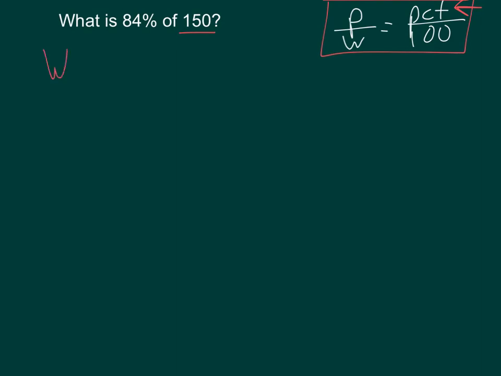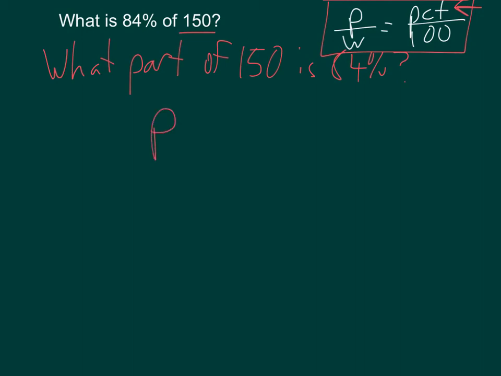I think it's asking what part of 150 is 84%. That makes more sense to me. So the part is what we're looking for. The whole is 150. The percent is 84. And that's always going to be over 100.